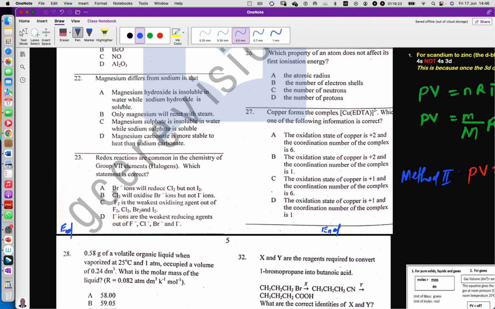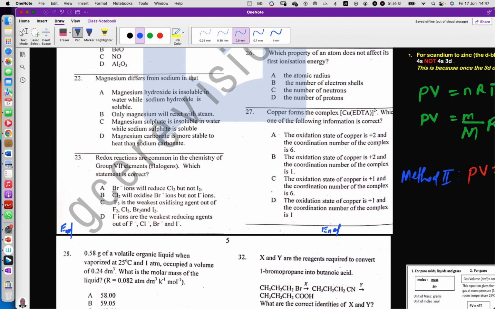C: fluorine is the weakest oxidizing agent. That is totally wrong. Fluorine is the strongest because oxidizing ability decreases down the group. D: the iodide ion is the weakest reducing agent.